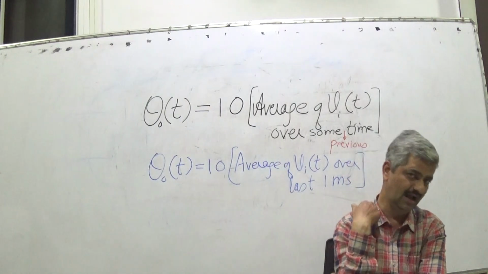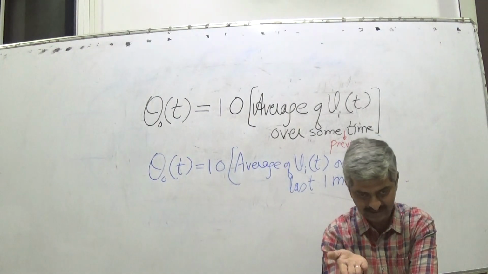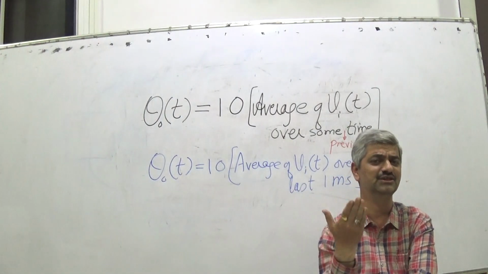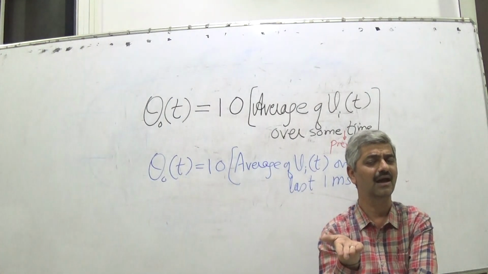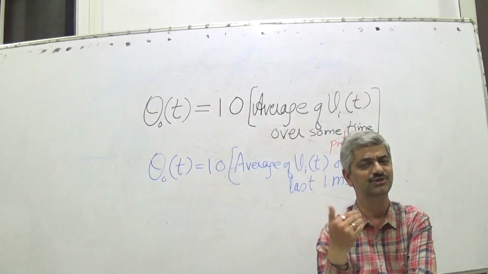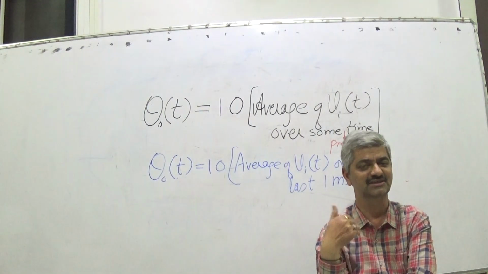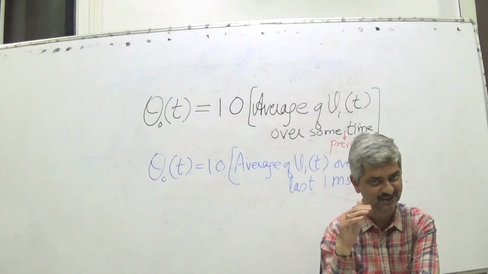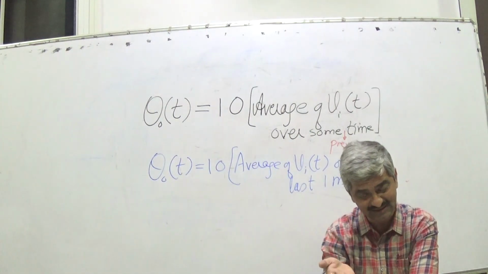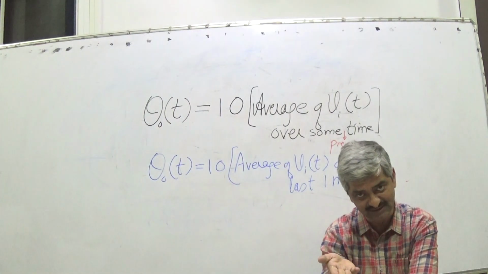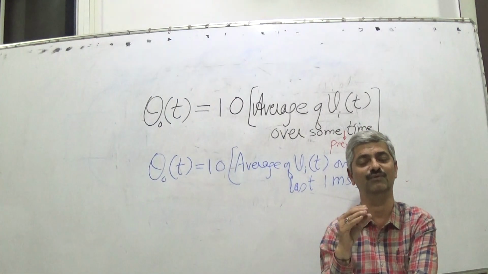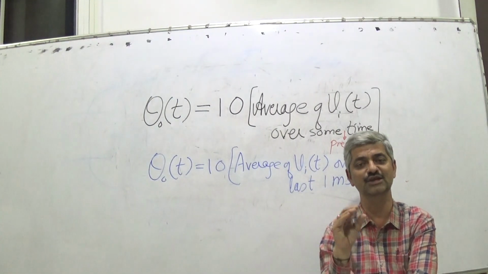So if I have an input signal and an average signal, if the input signal is changing slowly, the input signal and the average signal will be approximately the same. If the input signal is changing rapidly, then the average signal will not vary to that extent of the input signal.